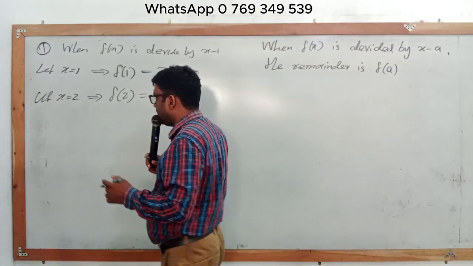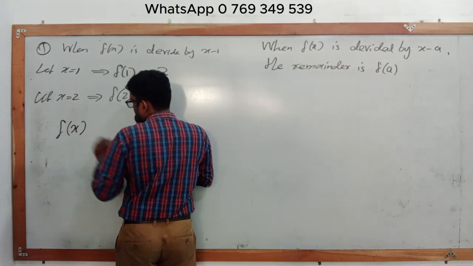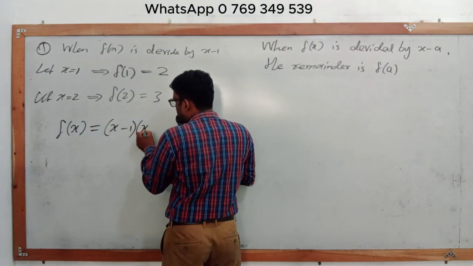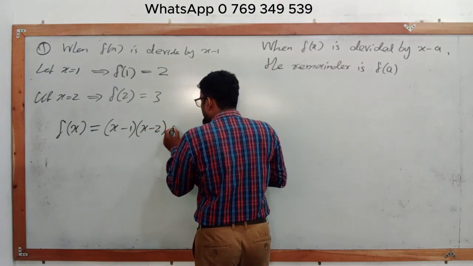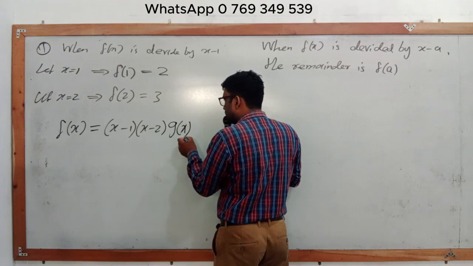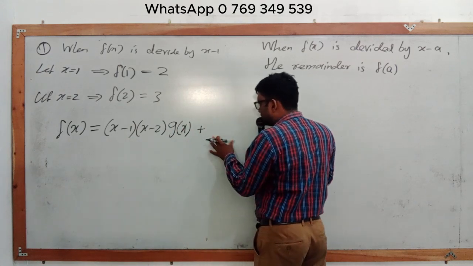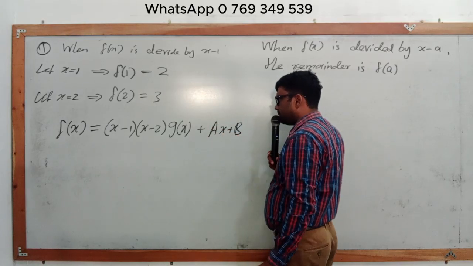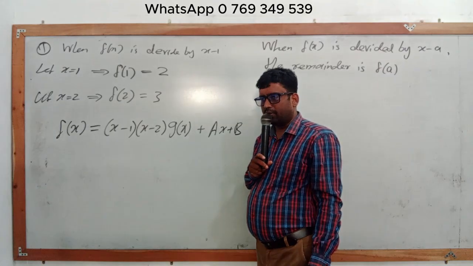Now we can write f(x) equals (x minus 1)(x minus 2) g(x) plus the remainder. The quotient is g(x), and the remainder is first order: ax plus b.